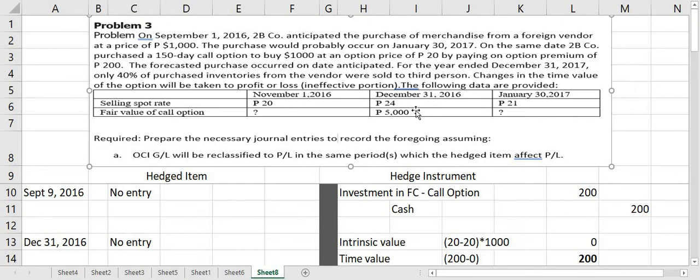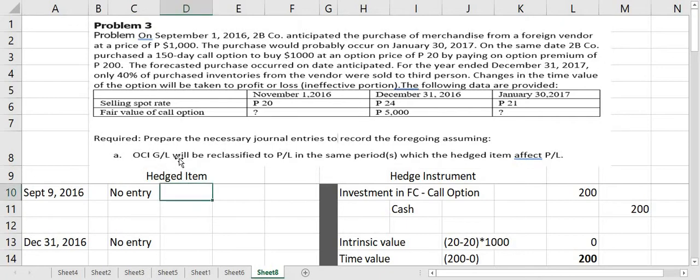The fair value of our call option becomes 5,000. And the spot rate on January 30, 2017 is 21. So the requirement: the OCI gain or loss will be reclassified to profit or loss in the same period in which the hedged item affects profit or loss.